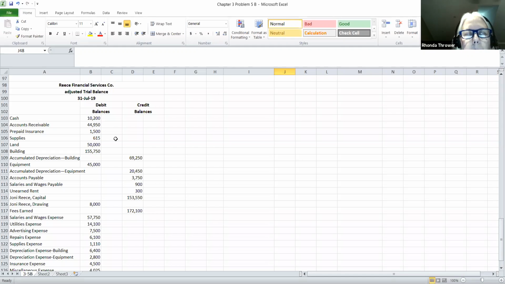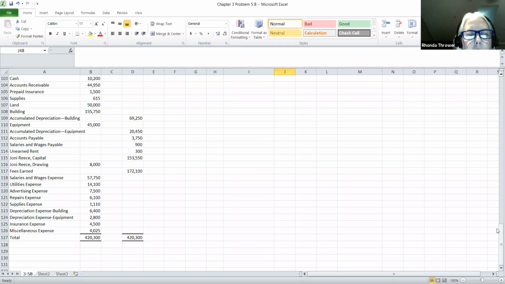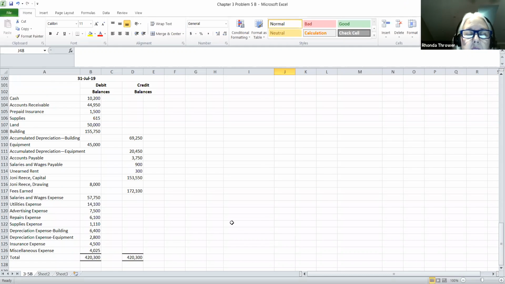So we will prepare an adjusted trial balance just to make sure that our total debits and credits have been added properly in our ledger. It doesn't mean we've done everything correctly in the journal, but it just means that what we have in the ledger balances out.